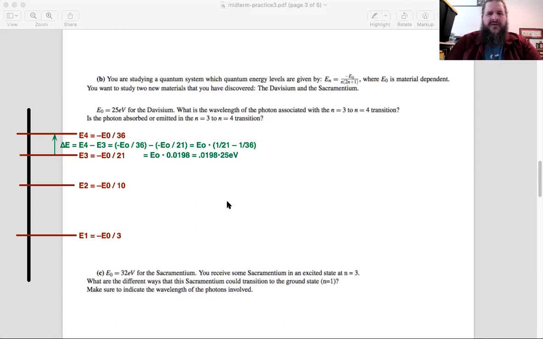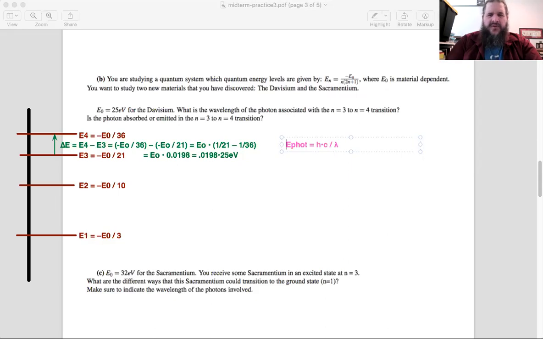And now how do we convert that into wavelength of a photon? How does the energy change of the system relate to the wavelength of the photon? We can use the idea that the energy of the photon is h times c over the wavelength.